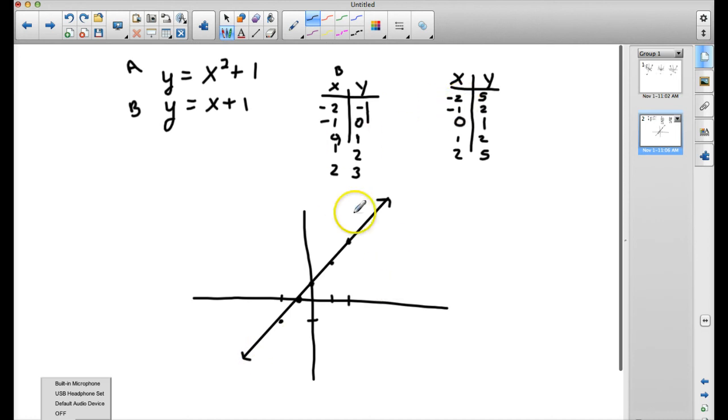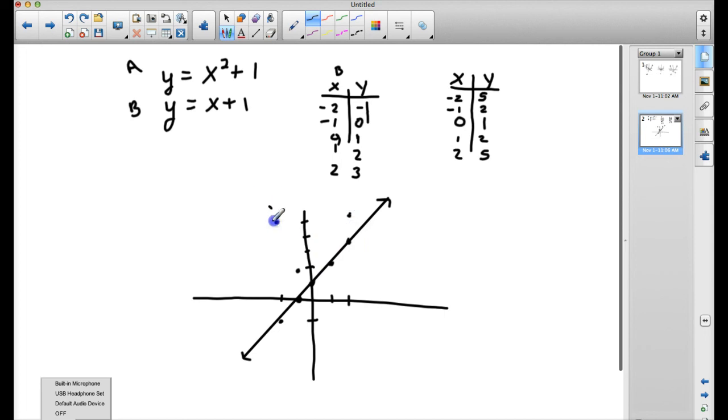Now my other graph has the points negative 2, 5. Negative 1, 2. 0, 1. 1, 2. And 2, 5.